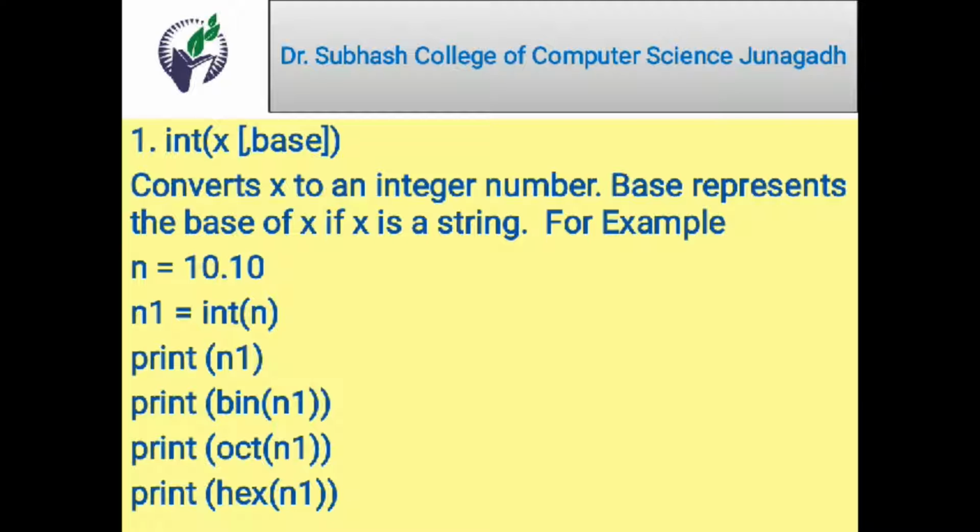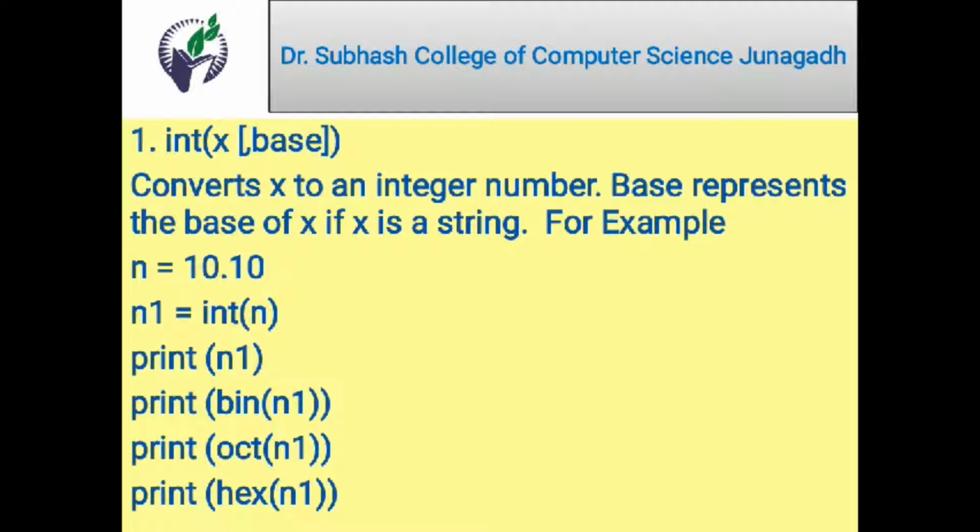So this n that is of real type will be converted by the int function and it will return an integer object. This integer object will be stored into our variable n1. So print n1, it will actually print 10, a number without a decimal point.